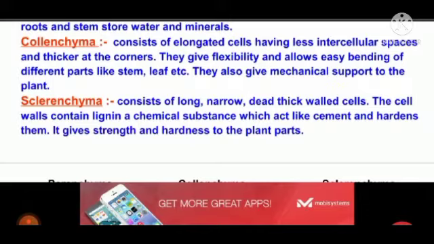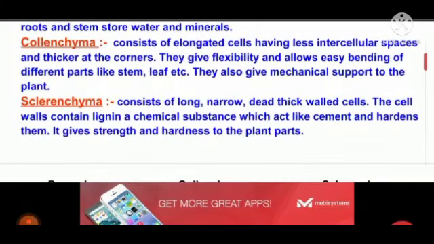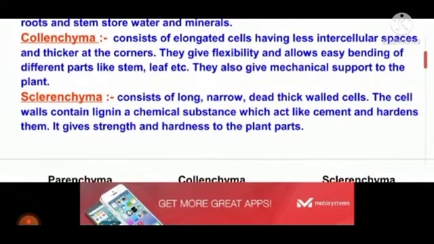Sclerenchyma are of two types. First, sclereid is also called as stone cell or grit cell. The cell of this tissue is of many shapes: cylindrical, spherical, oval, or T-shape.